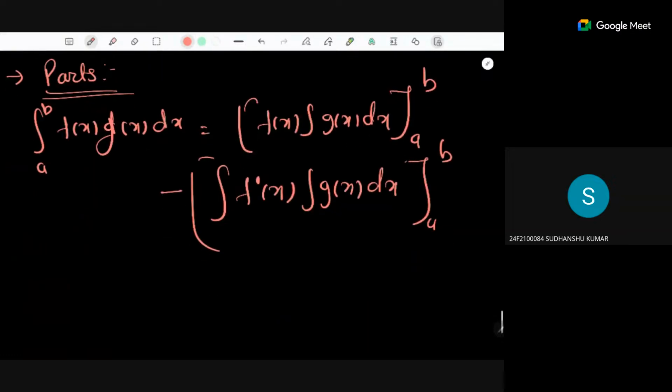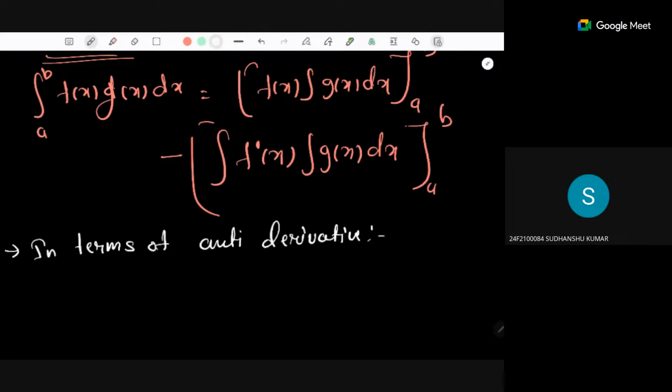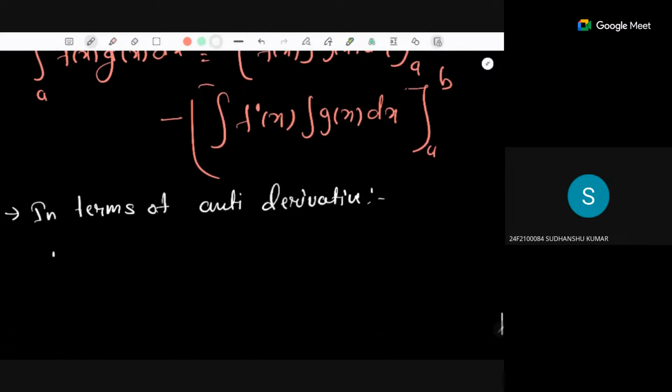Okay, so this is the formula we have learned in high school, but we can also express it in terms of the antiderivative. So what is the antiderivative formula for integration by parts? Let's see. It says that the antiderivative of this capital F of x is u of x times v of x minus the antiderivative of u dash times v of x.